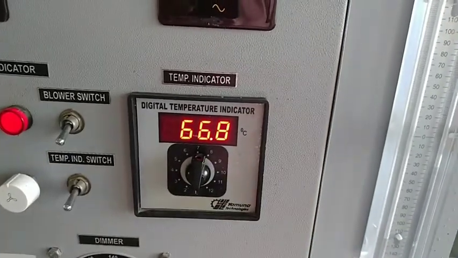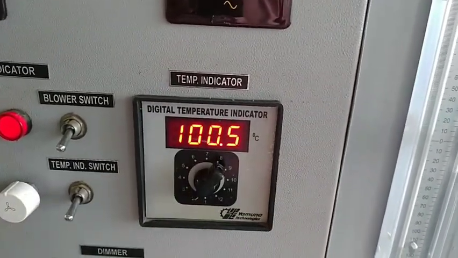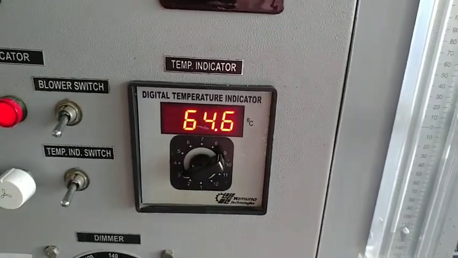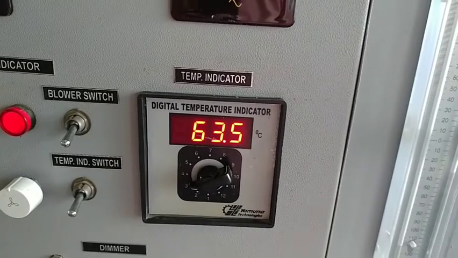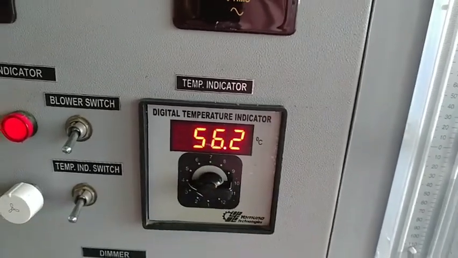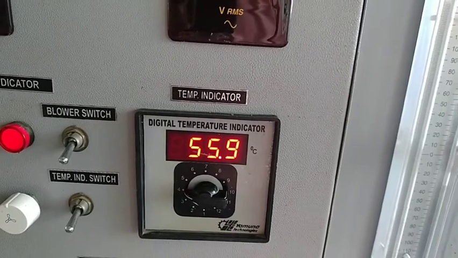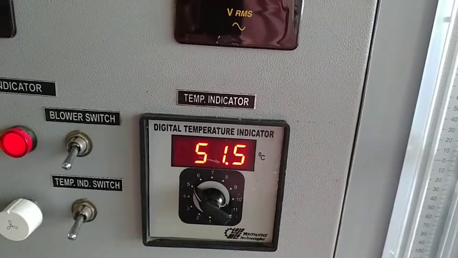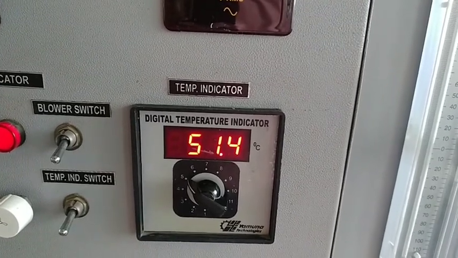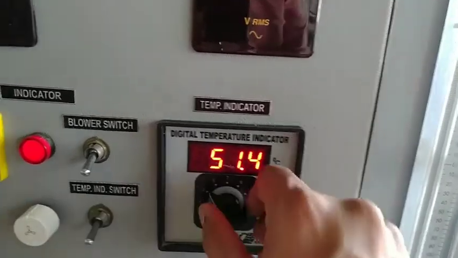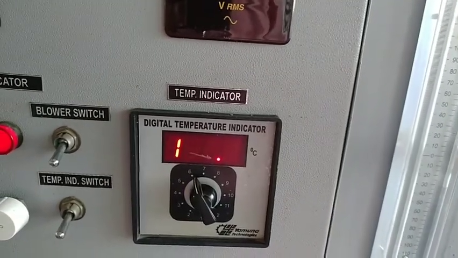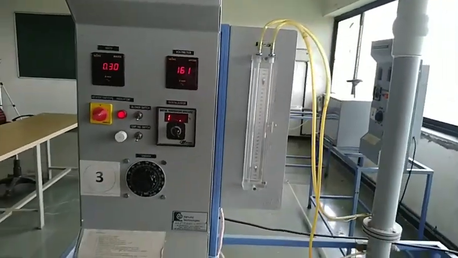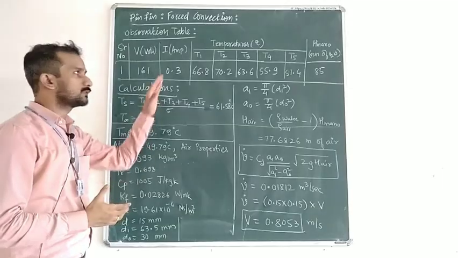T1 is 66.8, T2 is 70.2, T3 is 63.6, T4 is 55.9, next is 51.4. So these are the readings for the 5 temperatures, and the ambient temperature we have already recorded.